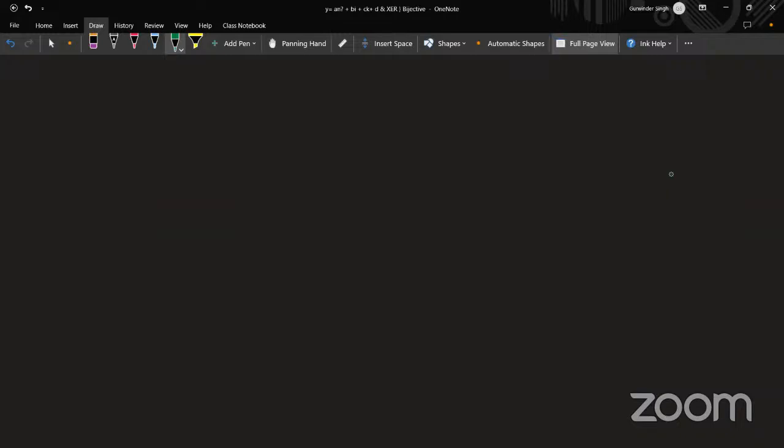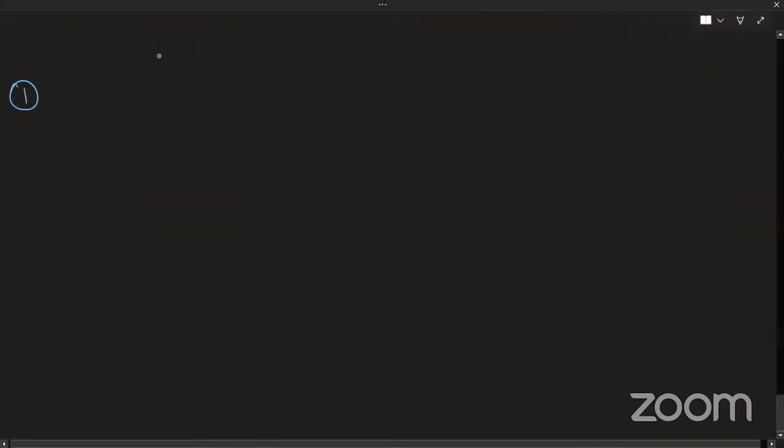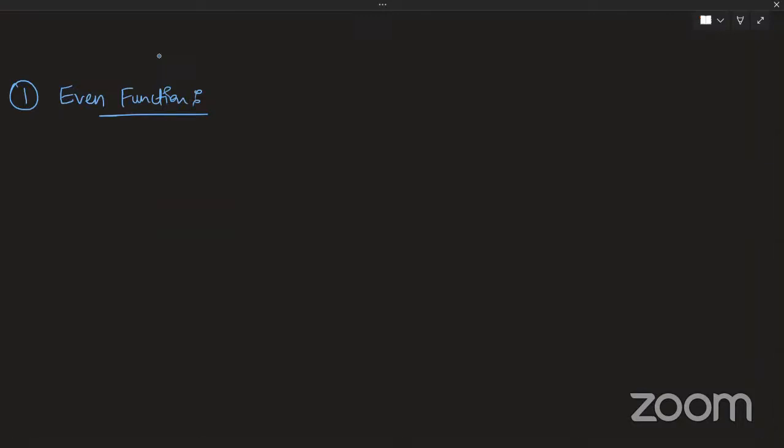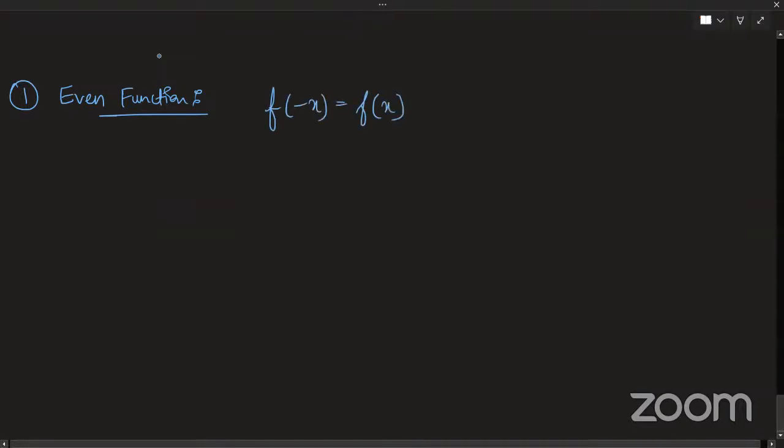Moving ahead, just a few terminologies. So we have even and odd functions. First of all, what is an even function? An even function is basically any function whose f of minus x is equal to f of x.